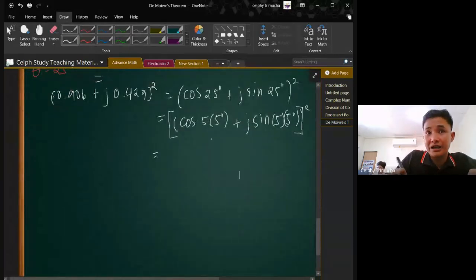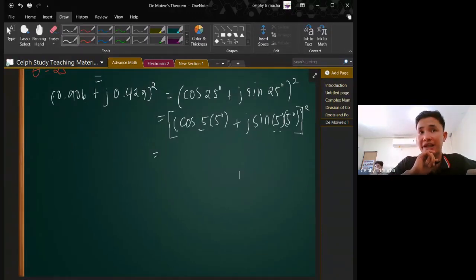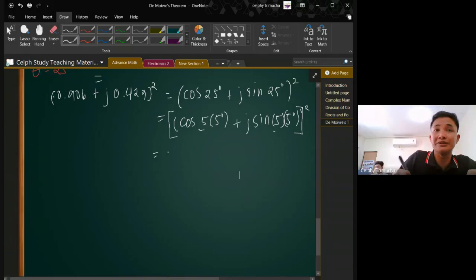So now our multiplier is 5. So our equation, expressed in De Moivre's form with an exponent, will have cosine 5 degrees plus j sine 5 degrees.